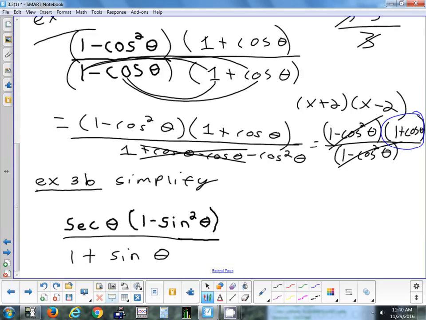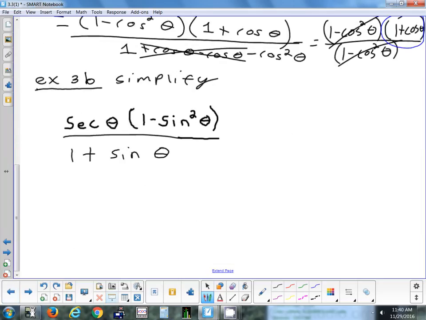Okay, try that one. And I'll give you a hint. This is very similar to the last one. So that's the approach I would take.